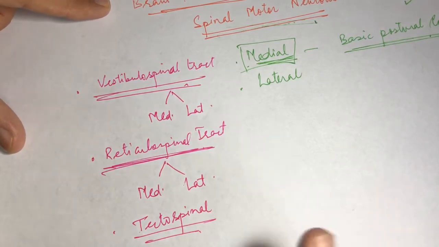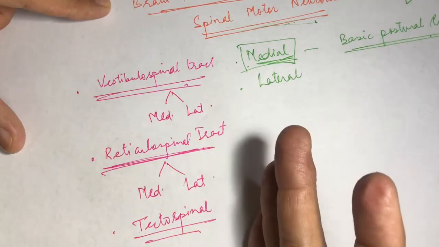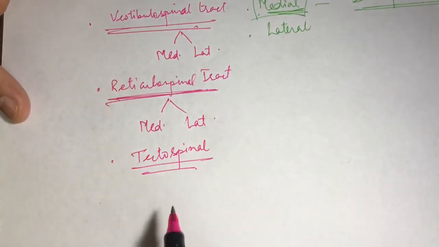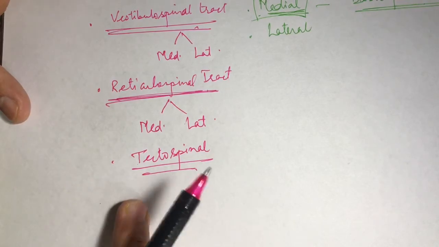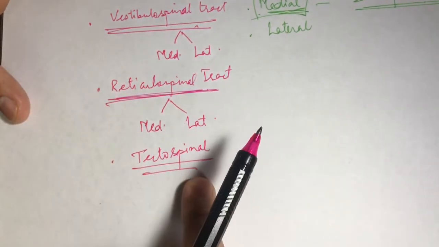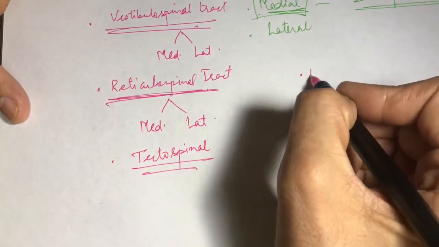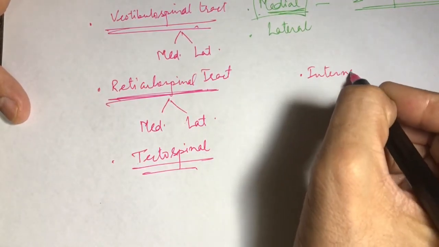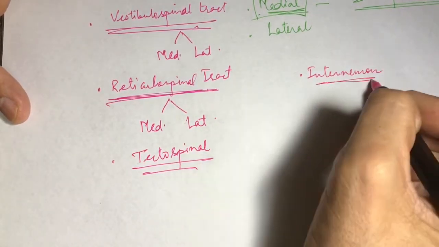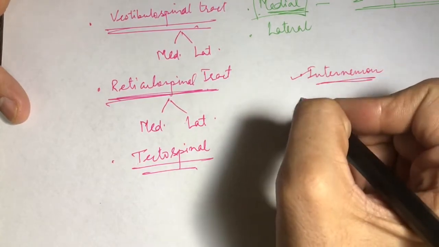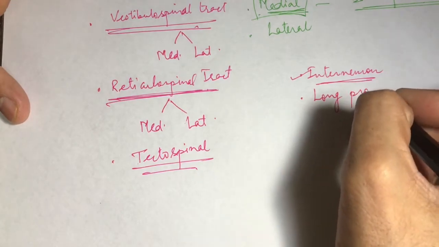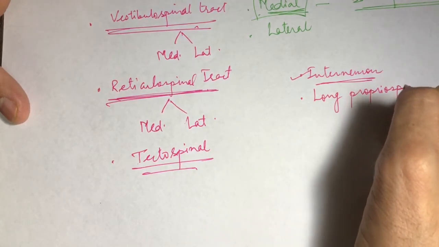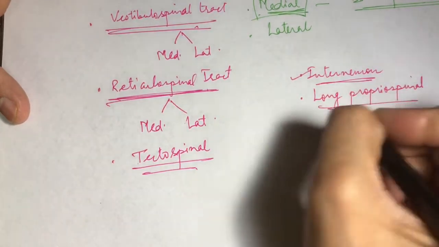These pathways descend in the ipsilateral ventral column of the spinal cord, and they terminate mainly on the interneuron, not directly on the alpha motor neuron, and on the long propriospinal neurons. See, the propriospinal were long or short.